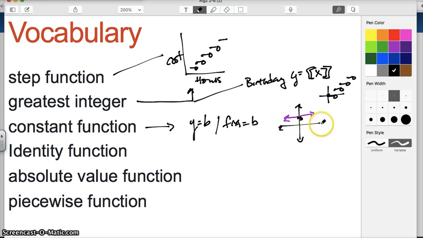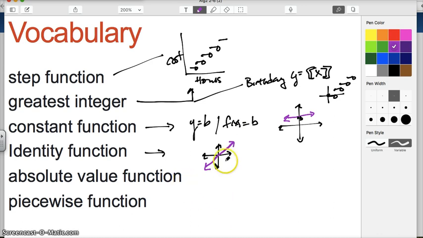And our next function is the identity function, and it's like looking in the mirror. If x is this, y is the same thing. If y is this, then x is the same thing. And this function is this gorgeous diagonal that goes straight through the origin. That's not too gorgeous, it's a little bent, but you get the idea.